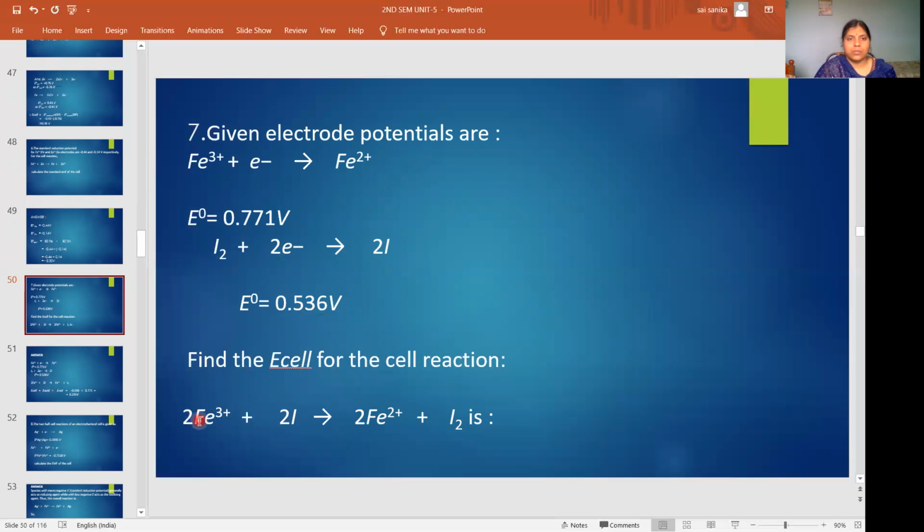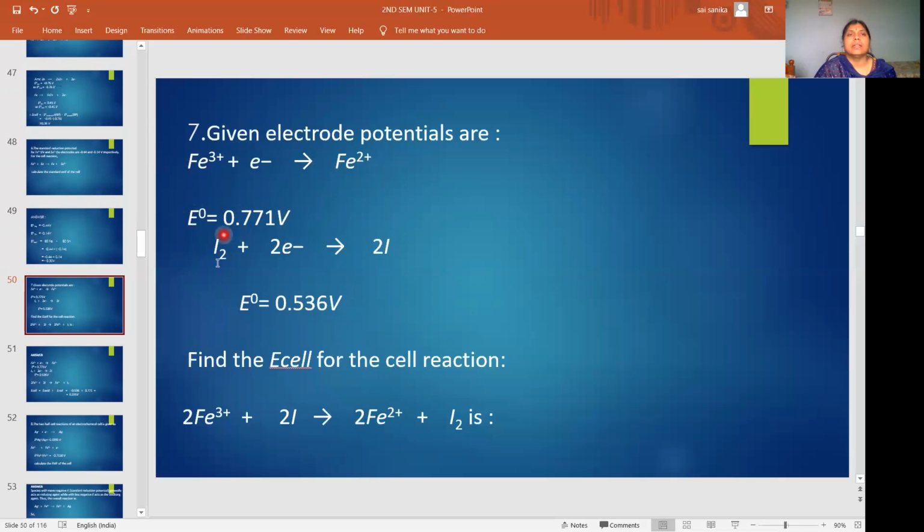This is the reaction: 2Fe3+ plus 2I minus gives 2Fe2+ plus I2. You have to read the question carefully. Fe3+ is gaining electrons, taking electrons and converting into Fe2+. This gaining of electrons is called reduction, so this is the reduction potential.